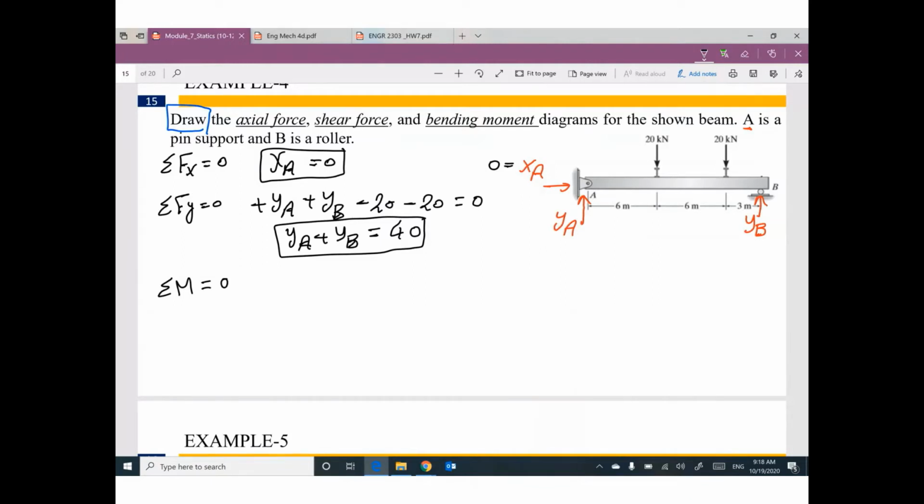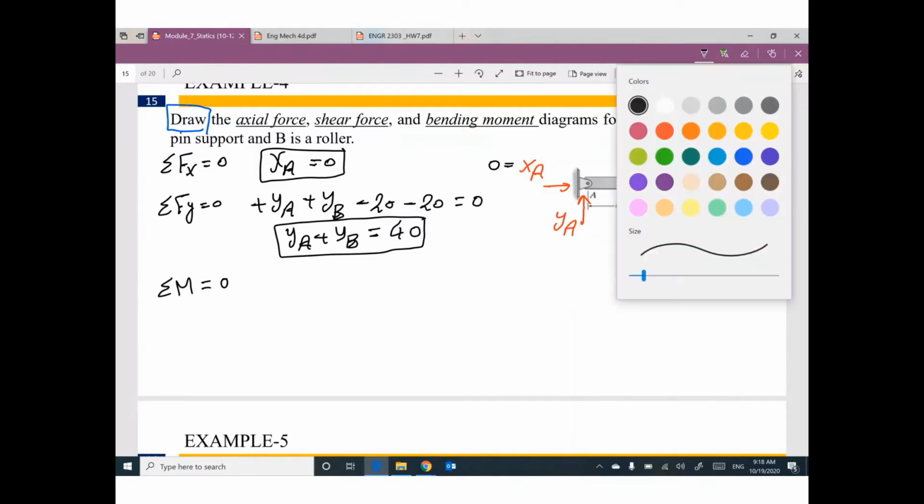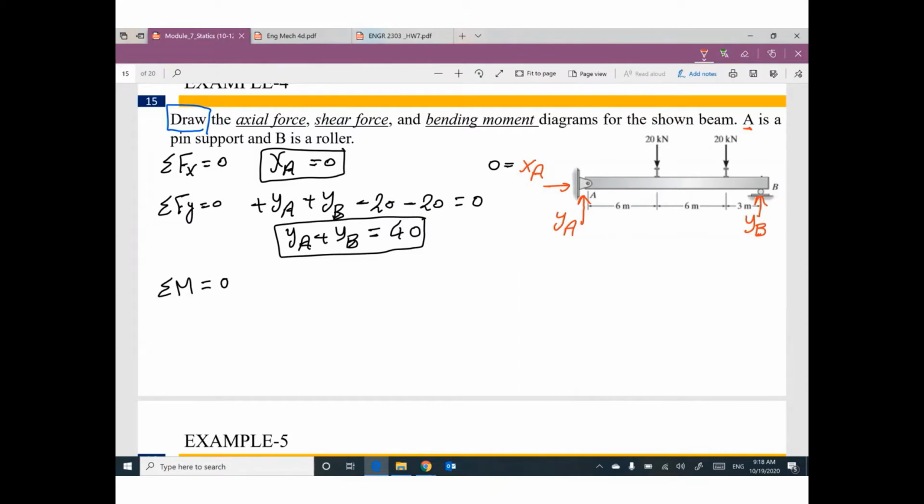Do you remember my recommendation to take a moment for reactions? Take a moment at one of the supports. Which support? The one with the larger number of unknowns, which I believe will be A. And I'm going to assume this direction is positive. If you take moment at A, XA times 0, we don't have distance.